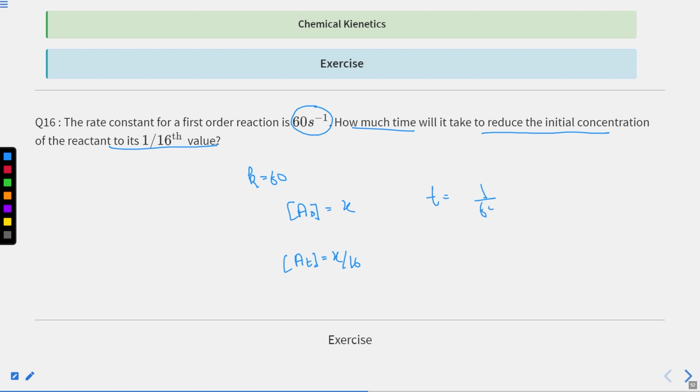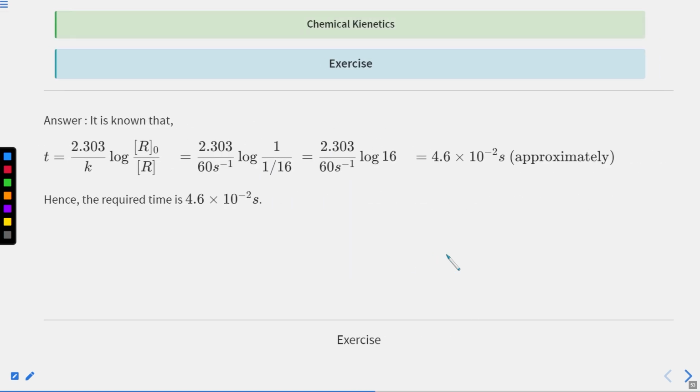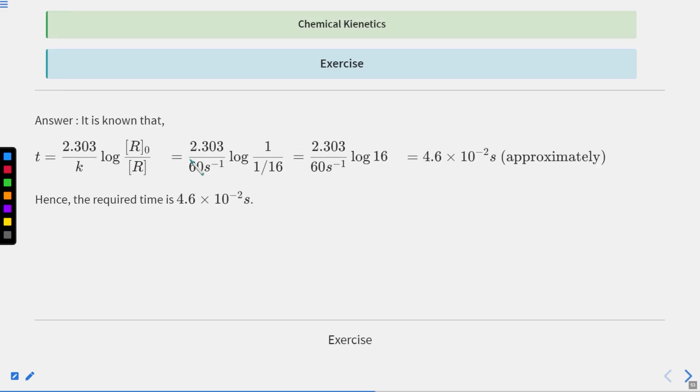So t is equal to 1/60 ln 16. You will calculate this and get your time. They have taken ln as 2.303 log, therefore that will give you 4.6 into 10 to the power minus 10 approximately.